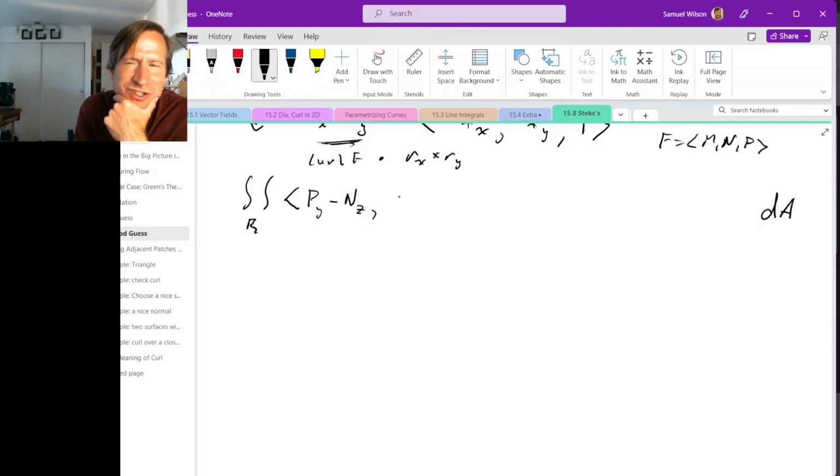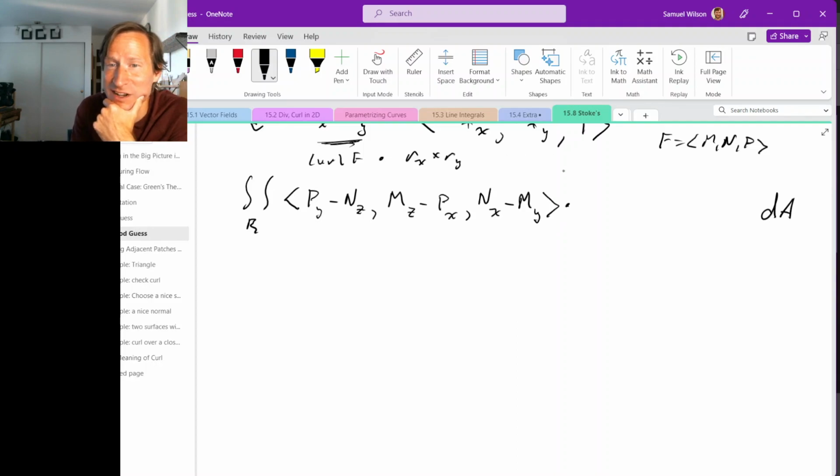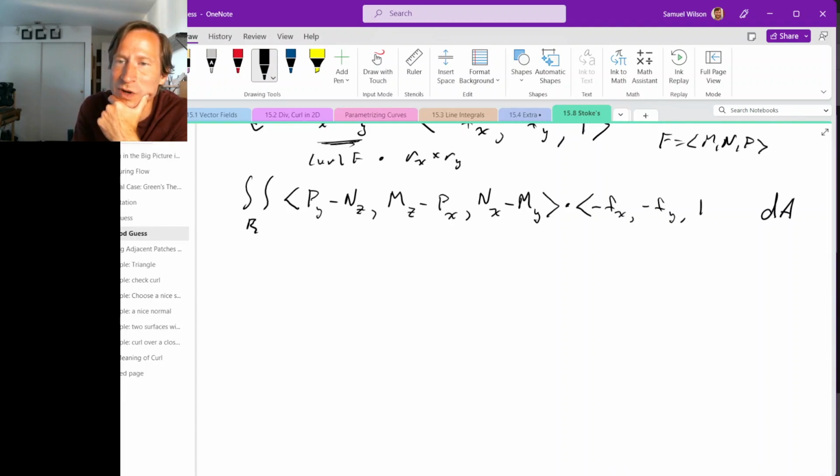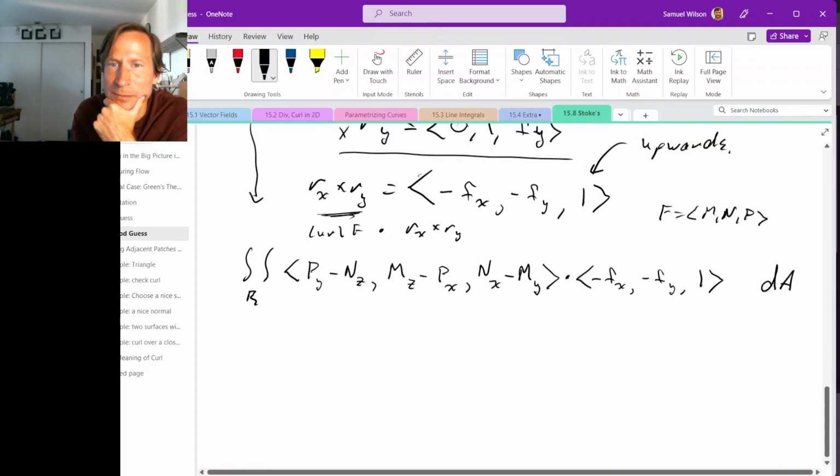In the y direction, it's the derivative of M with respect to z minus the derivative of P with respect to x. And in the z direction, it's the derivative of N with respect to x minus the derivative of M with respect to y. Okay, dotted with this cross product that we just worked out: minus f sub x, minus f sub y, comma 1.